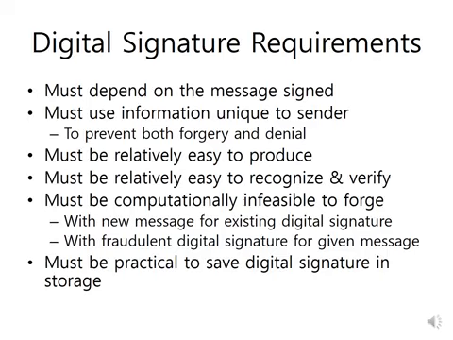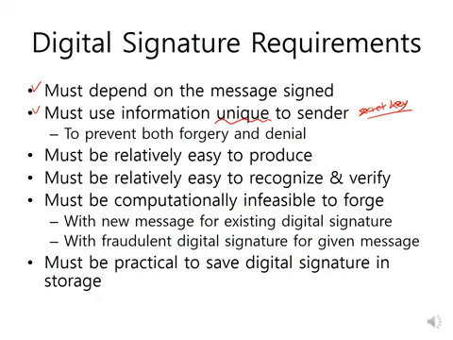The next is the digital signature requirement. It must depend on the message to be signed. And second one, it must use some information unique to the sender. So as long as this information is unique, we can prevent both the forgery and denial. So typically, some secret key in the asymmetric crypto algorithm is used to generate the digital signatures.